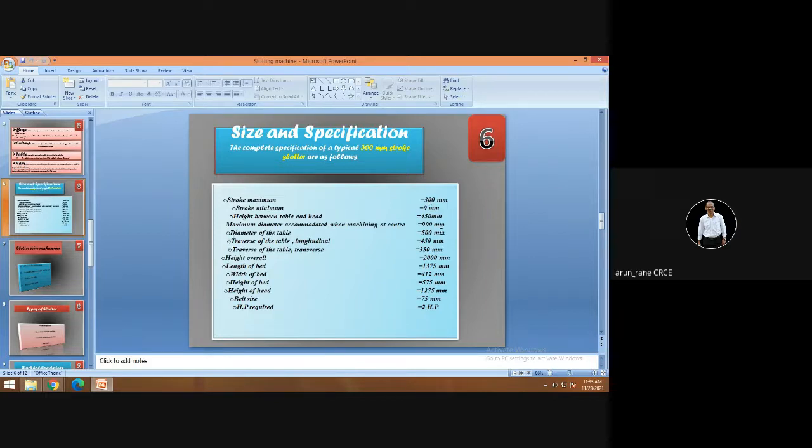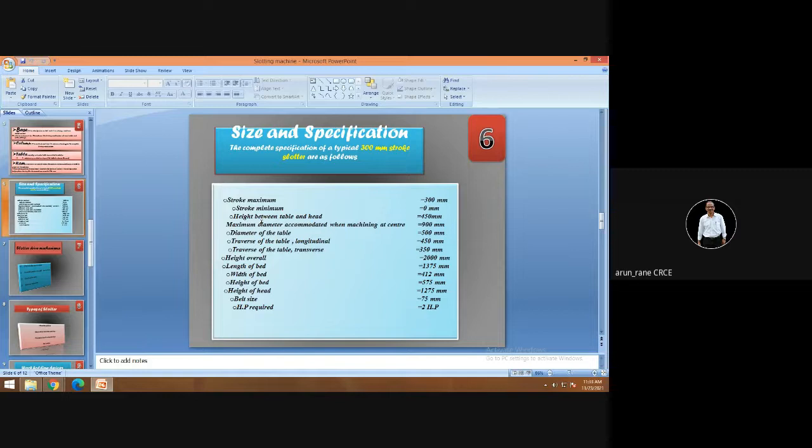Then there are other parameters like the height between table and head, the diameter of the table, the longitudinal travel, that is x-axis, the traverse of the table in cross direction, that is y-axis, the overall height, and the length, width and height of the bed, etc. But the most important specification is the maximum stroke.